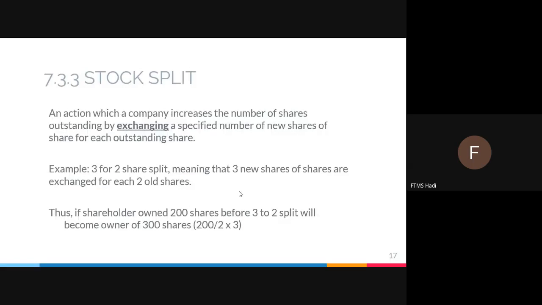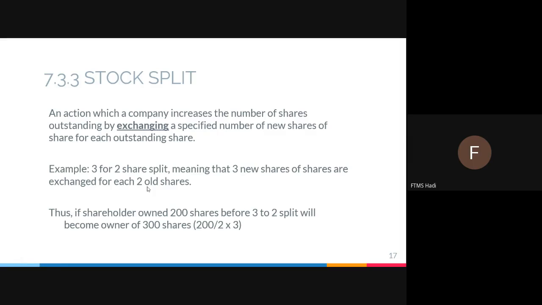But for stock split, that one is another good option whereby a company increases the number of shares outstanding by exchanging a specified number of new shares for each outstanding share. For example, a 3-for-2 share split. In other words, if you have 3 shares, you will get 2.